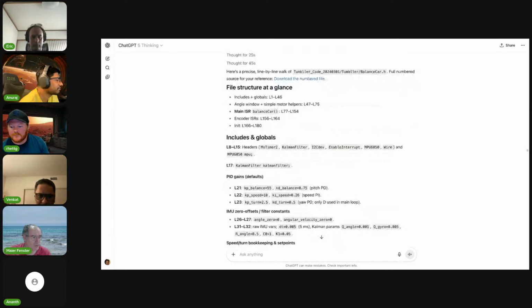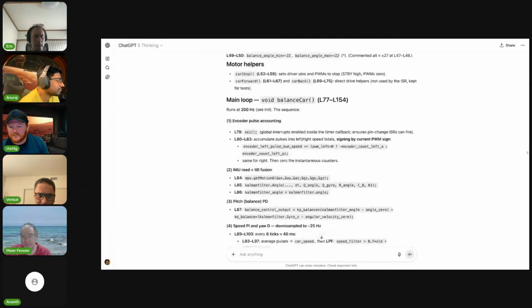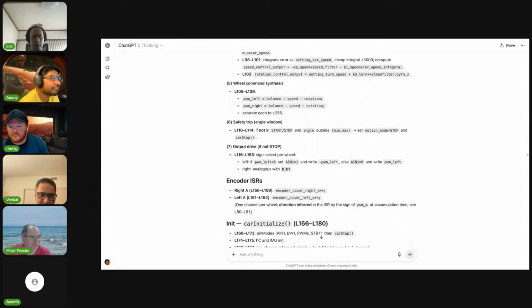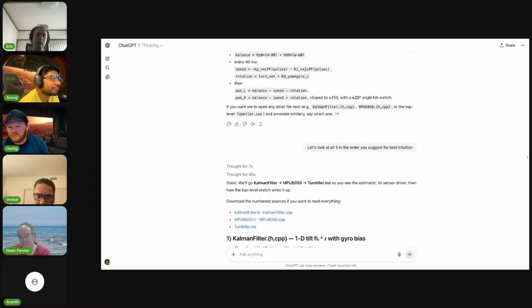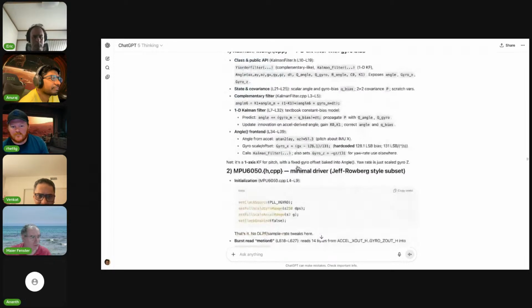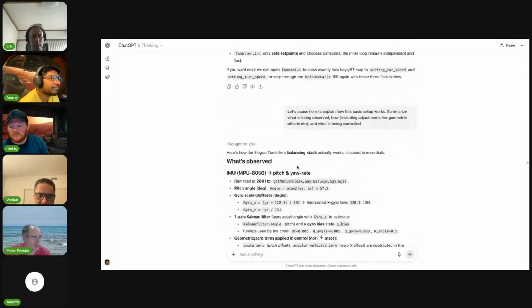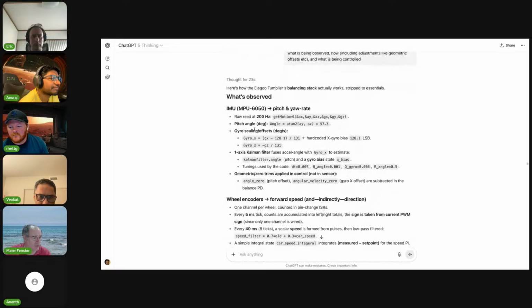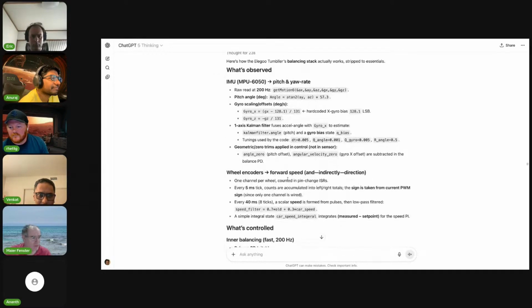There's one that seems to be about the processor, and then a command file, which is the outer supervisory loop. Then I had it walk me through some of these files. This basically explains how the balancing stack actually works.